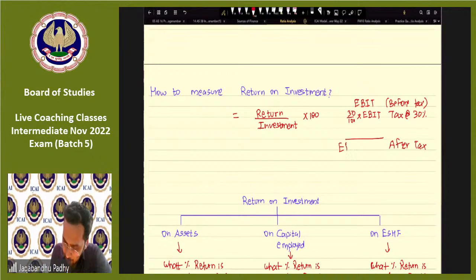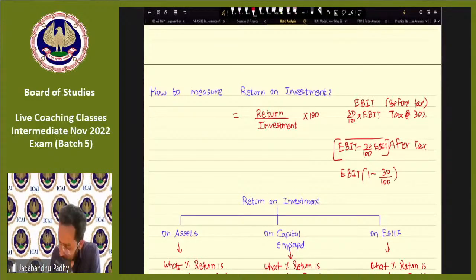It will be EBIT minus 30 upon 100 into EBIT, right? This is the after tax figure. So if I take EBIT common over here, you will find we are left with 1 minus 30 upon 100. So this is EBIT into (1 minus T), because T stands for the tax rate, 30 upon 100.